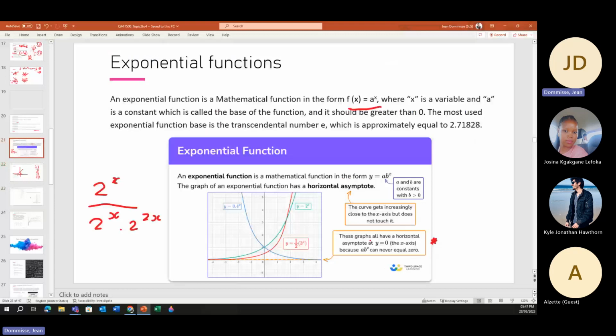These graphs always have a horizontal asymptote, because a times b to the power of x can never equal 0.